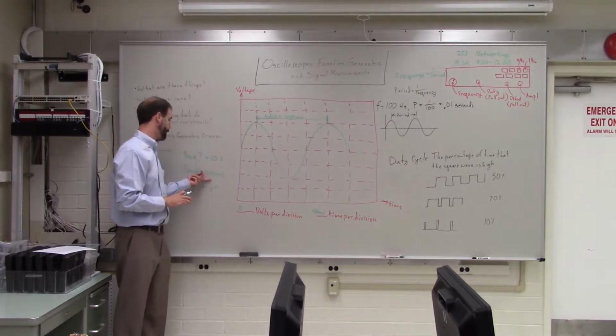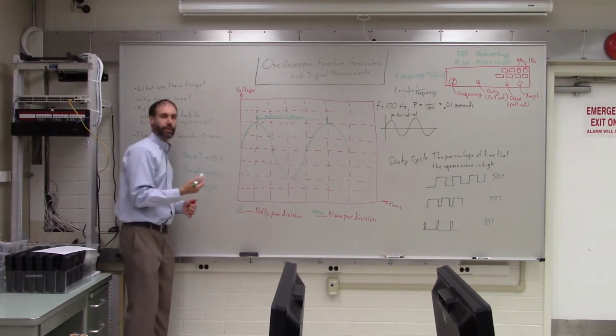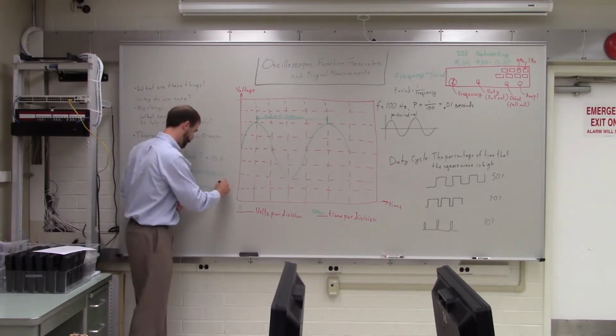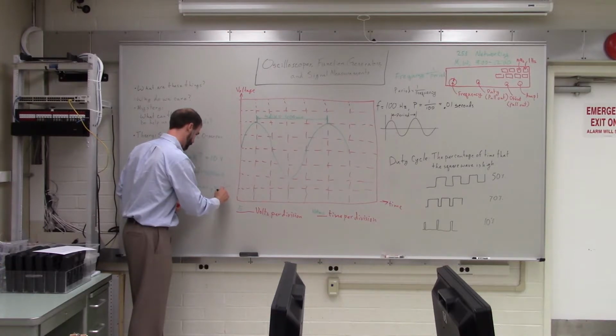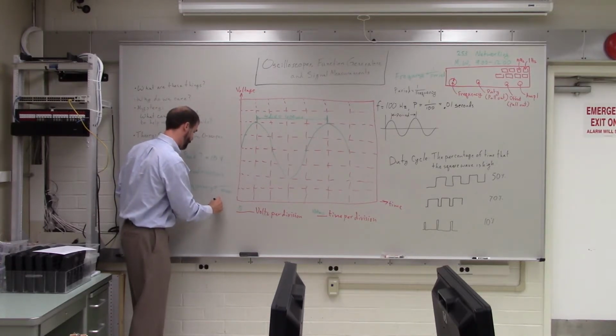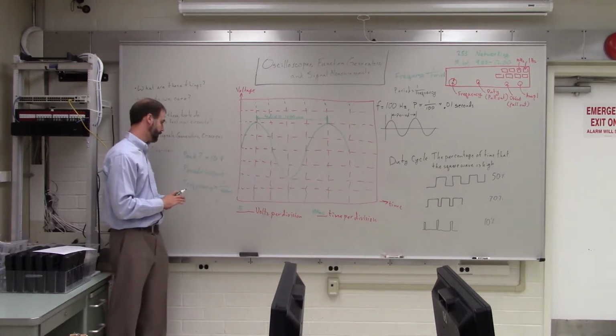So we know that the period is 400 milliseconds, so the frequency should be 1 over 400 milliseconds. So what does that come out to be?